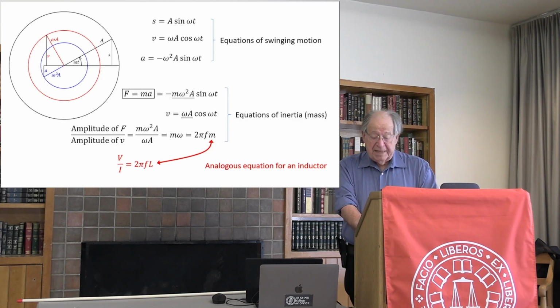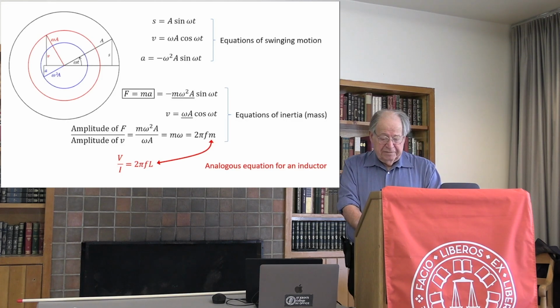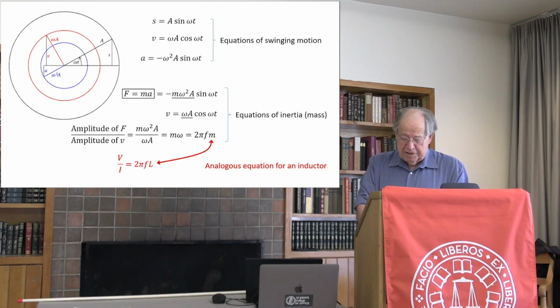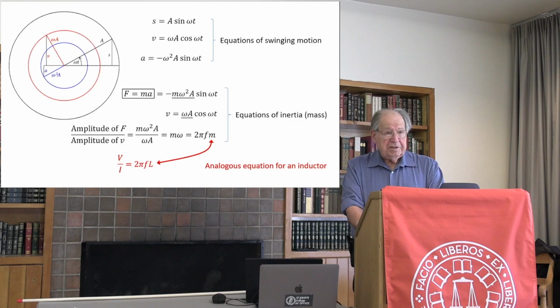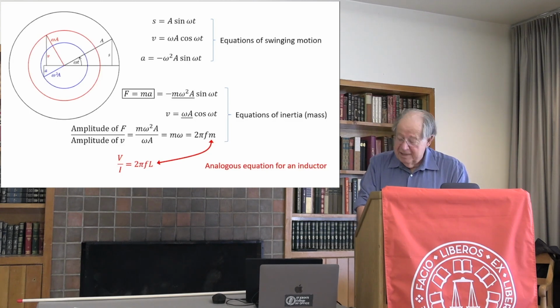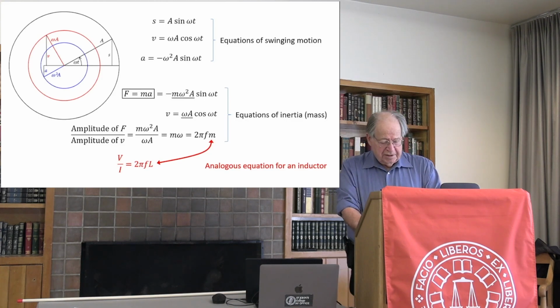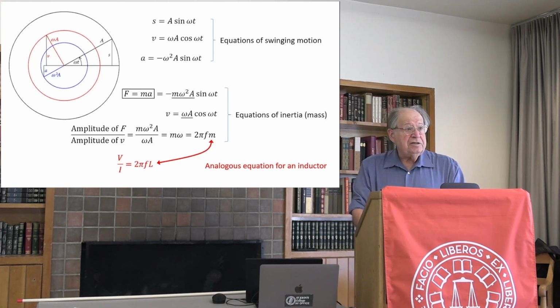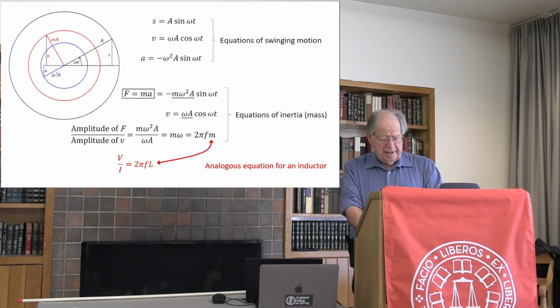If we write them explicitly in that form, we shall have force over velocity equals 2 pi fm for the mass, and V over I equals 2 pi fL for the inductor, where L represents some characteristic of the inductor that is analogous to mechanical mass m. How seriously should we take this analogy?